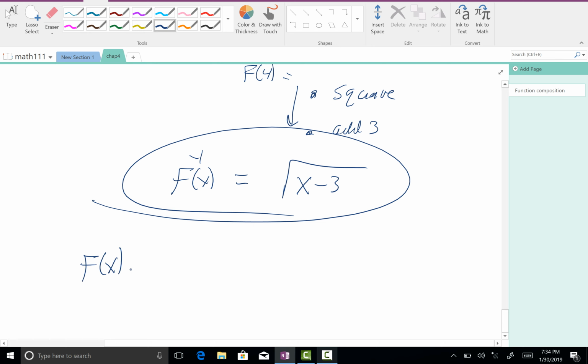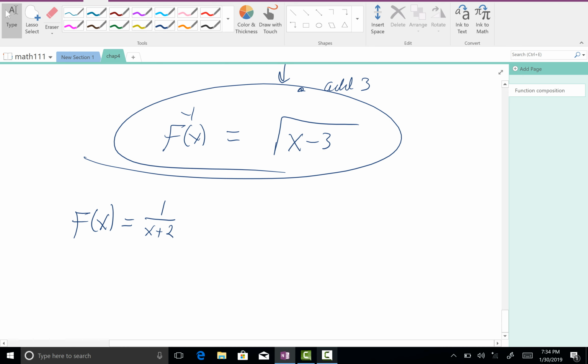For example, if we have something like this, and we want to find the inverse of this one. Now, this is a little tricky. So I'm going to set it equal to y.